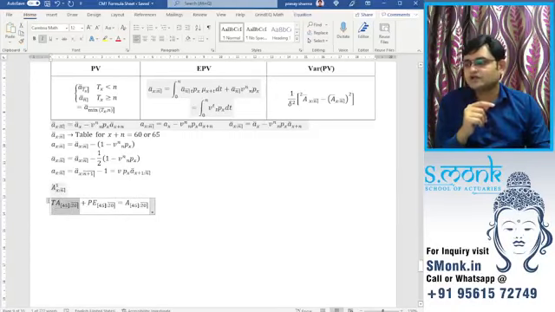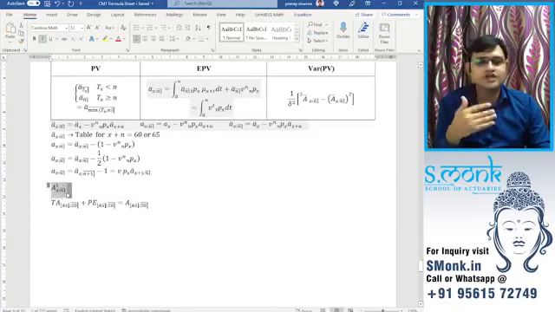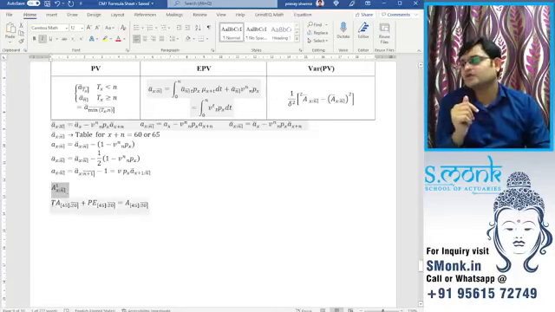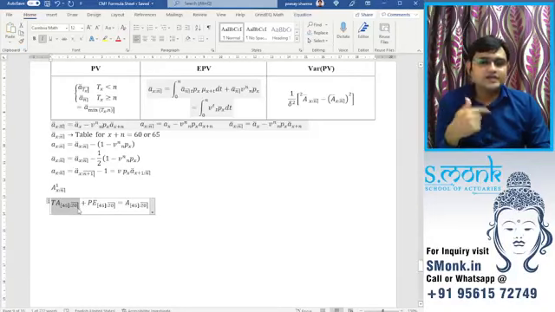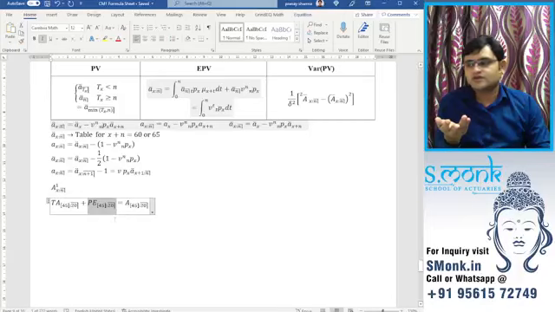Now you understand how much more time it might take. While solving questions, you will remember that we should write TA. We almost never write pure endowment; we write it as v raised to n, n p x. So you don't have to worry about it.